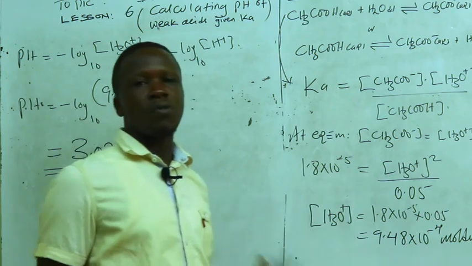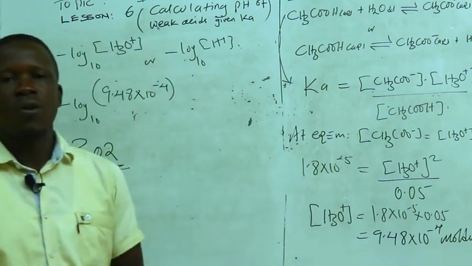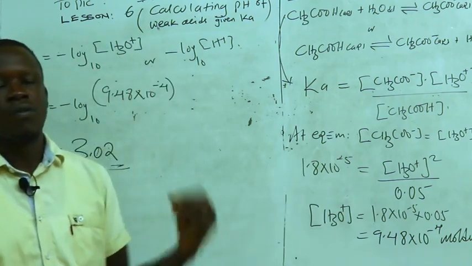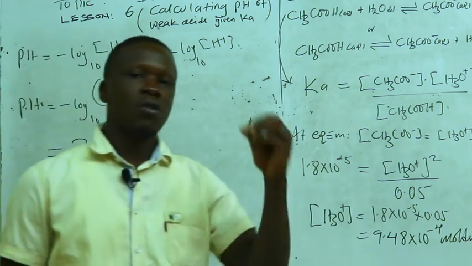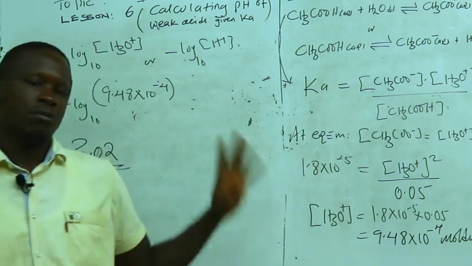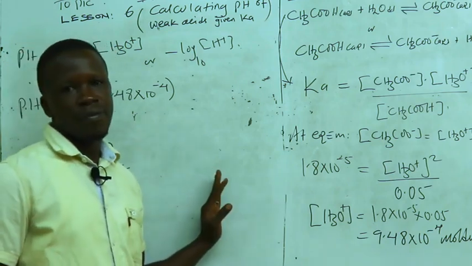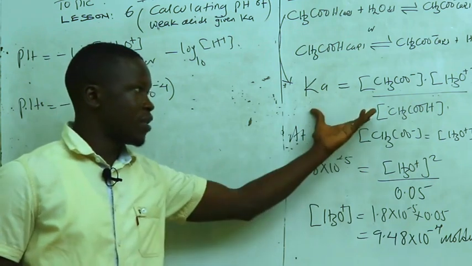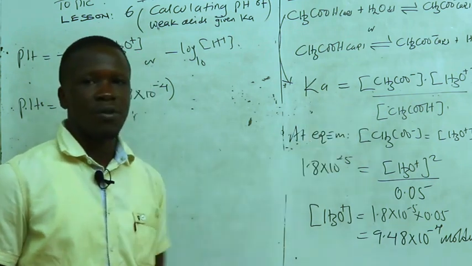For example, the first one, we ignore the concentration of water when writing the expression of Ka, since its concentration does not change. Number 1. And we have rightly used it when writing this expression.